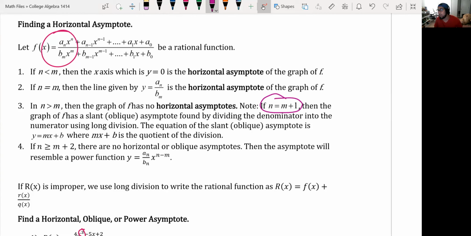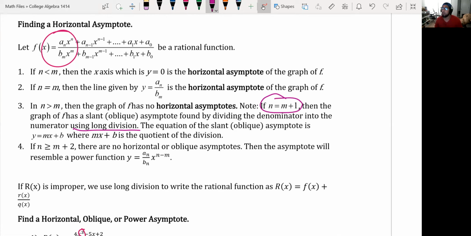And the only way to find this asymptote is to use long division. I know. I'm sorry. There's no other way around it. And whatever we find as our quotient from long division will give us our oblique asymptote in the form of y equals mx plus b. We dread this. Rule 3, you're the worst.